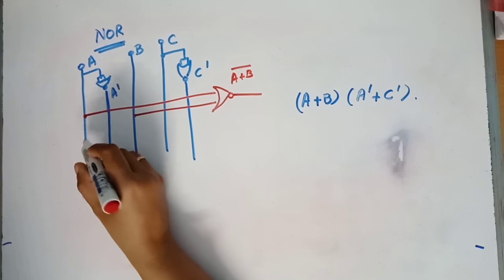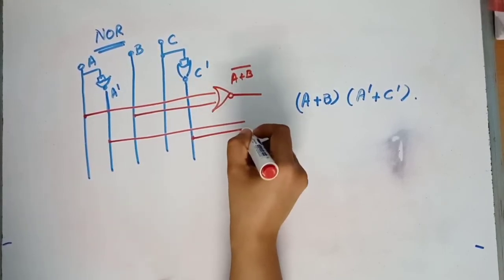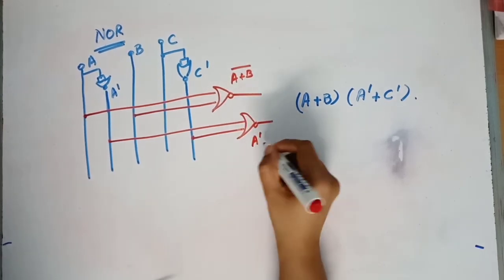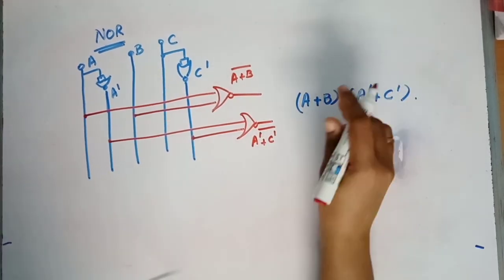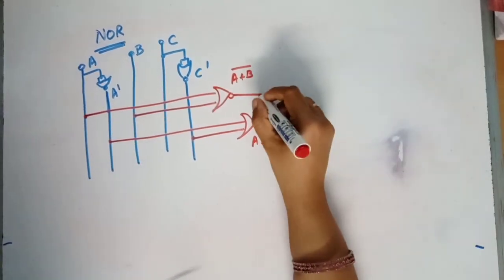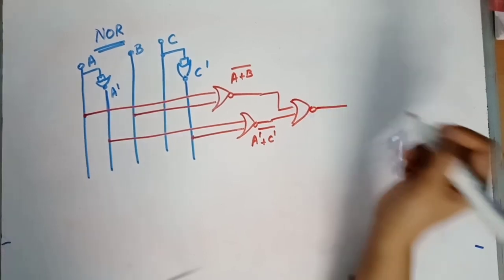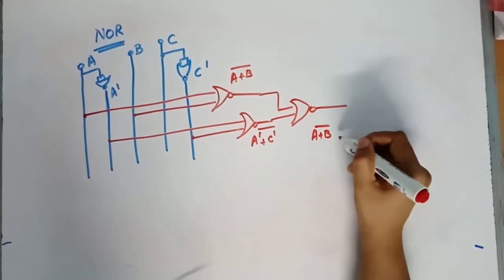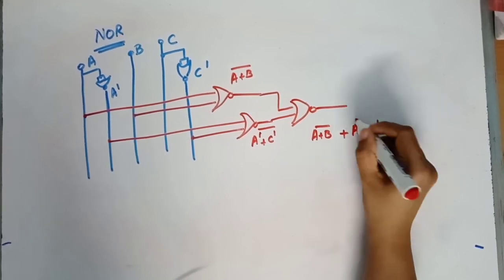A bar plus C bar. This is A bar plus C bar the whole bar. So give this to another NOR. So this will be A plus B bar plus A bar plus C bar the whole bar.